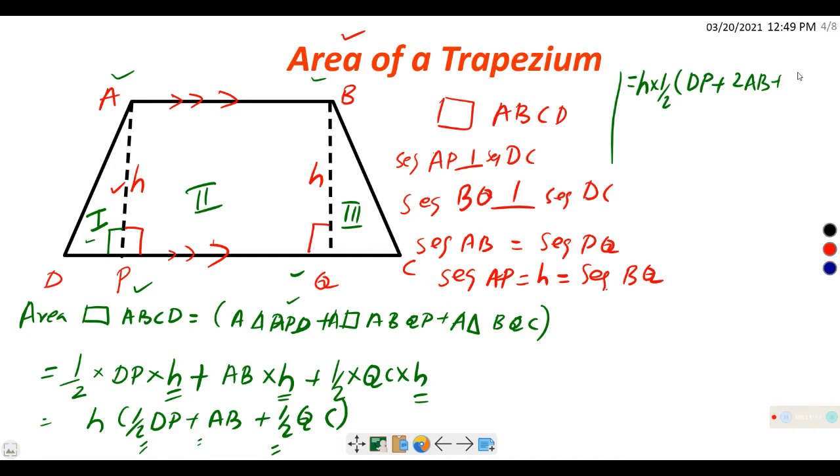Then QC. Now something interesting happens here. 2 times AB comes. Why did I write 2 times AB? Because half into 2 times AB is equal to AB, and I want AB only here.